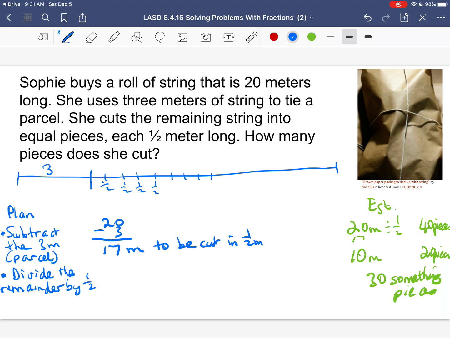And so then I'm going to divide 17 by 1/2, and I know that I can multiply by the reciprocal of 1/2, which is 2 over 1, or just 2, and I get 34. Looking at my estimate, I estimated 30 something, so I'm happy to get 34, and I need to write my units: 34 pieces. And I'll write it up here as well, 34 pieces.